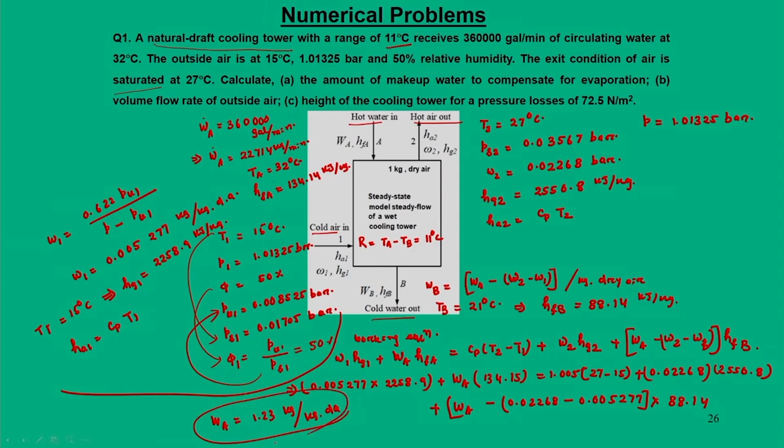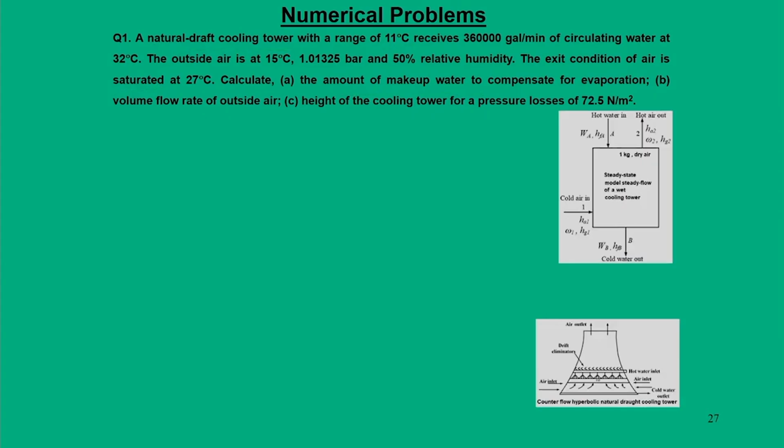Okay, but our question was what is the makeup water. So moving further, from this we can find out the amount of dry air requirement, which is m dot A is equal to W dot A by WA. W dot A is already calculated, gallons per minute to kg per second, 22712.4 divided by 1.23.